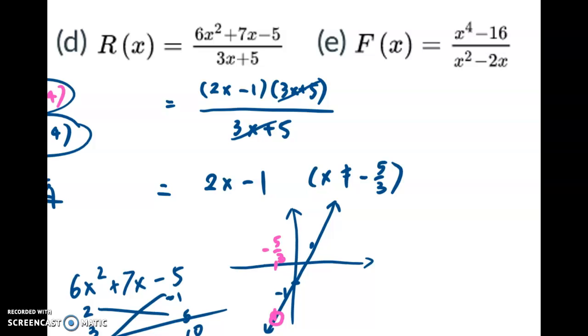Okay, that's D. Now let's look at E, this function. First let's factor the numerator and the denominator to see if they're in lowest terms. To factor the top, you can see it as x squared squared minus 4 squared, right? So here we'll use the difference of 2 squares, the formula a squared minus b squared equals a plus b times a minus b.